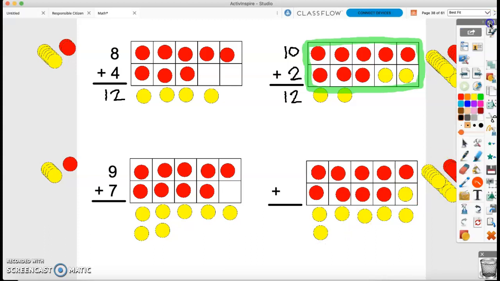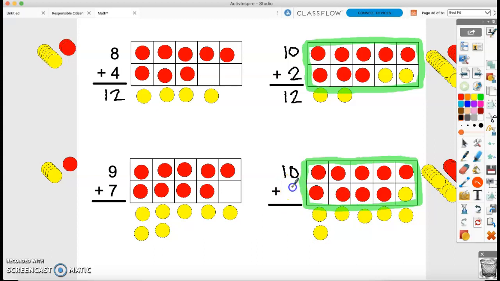So once again, when I look at it, I know that this time I made a 10 by filling in the 10 frame. So I have 10 right here in that 10 frame. So I have 10. And now on the outside I have 5 and one more is 6.